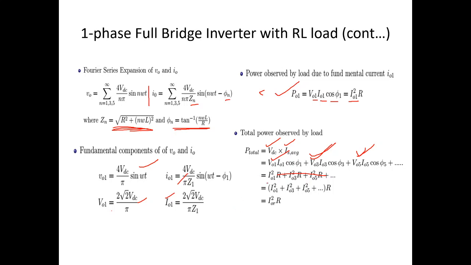Simply the harmonic current square into the resistance value would be the power absorbed due to each harmonic component. Further, if you simplify, you will get this expression: the RMS value of current flowing through the load square into the resistance value would be the total power absorbed by the load.